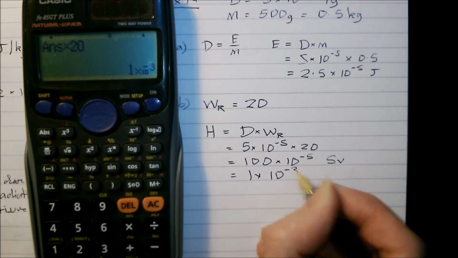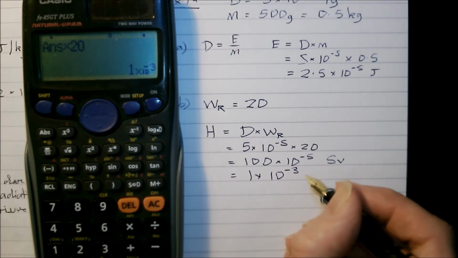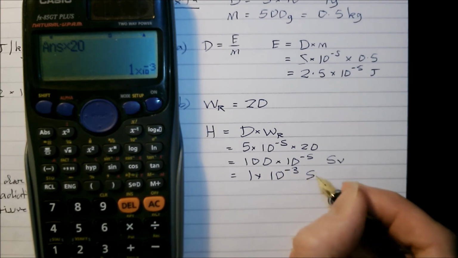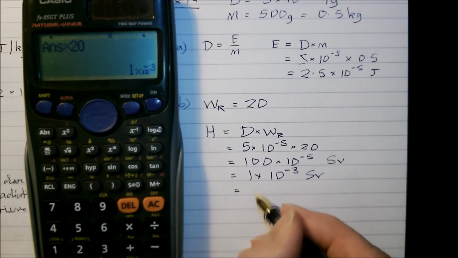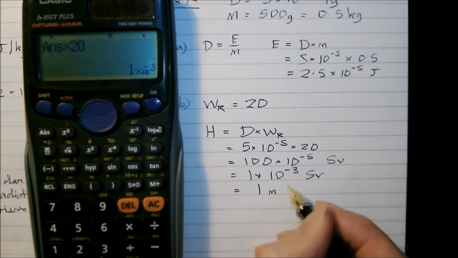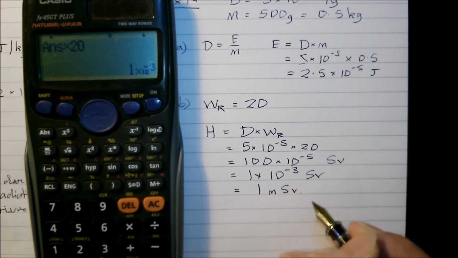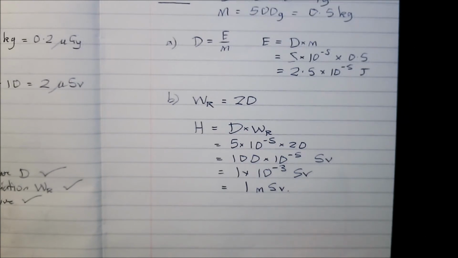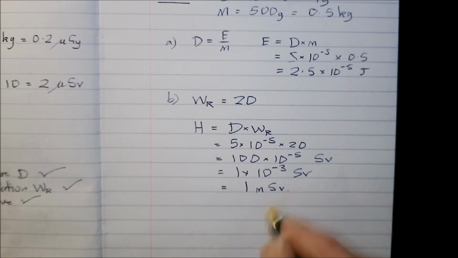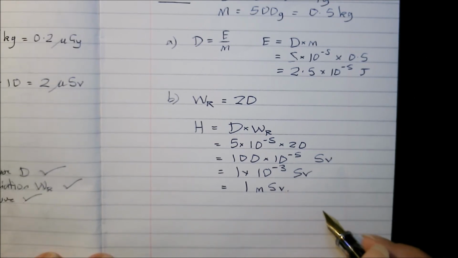Also, you don't have to, you could leave it as 100 times 10 to the minus 5 sieverts. But if you do that, then you might also recognise that that is 1 millisievert. 1 millisievert is quite a small dose of radiation, and whilst we're at it, something like 2000 millisieverts or two whole sieverts, that starts to get pretty dangerous. So 1 millisievert is not dangerous.